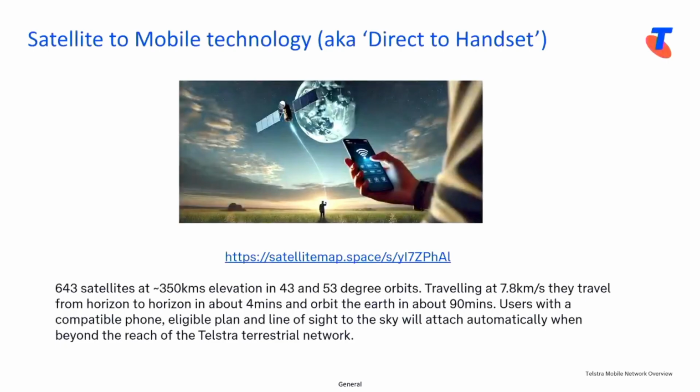Some of you may have seen the latest Telstra ad, a bit of a cartoon with the farmer and a sheep, where the Earth shifts to a satellite and then shifts back. Some of you might be confused about what that is about. It's actually about this direct-to-handset technology, meaning the satellite can now talk directly to your handset. Essentially, this is building a base station, which is typically on the ground, in the sky, and just blasting the signal down to Earth. And that's how it is.